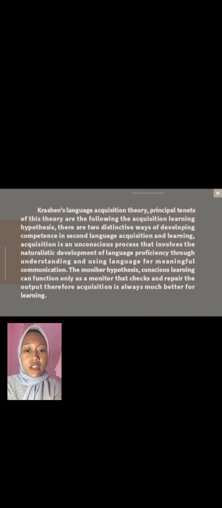Acquisition is an unconscious process that involves the naturalistic development of language proficiency through understanding and using language for meaningful communication. The monitor hypothesis: conscious learning can function only as a monitor that checks and repairs the output. Therefore, acquisition is always much better than learning.